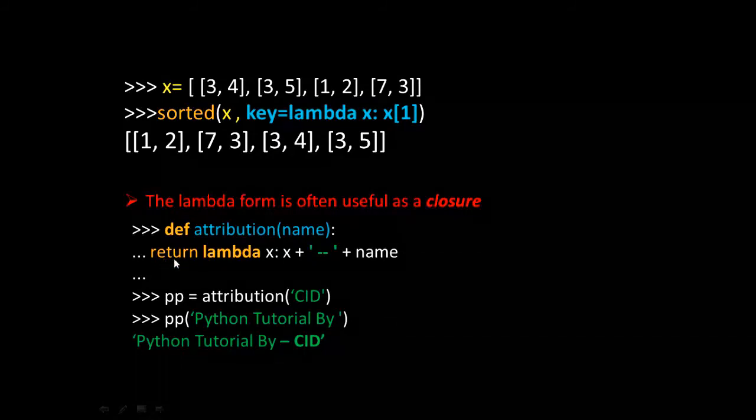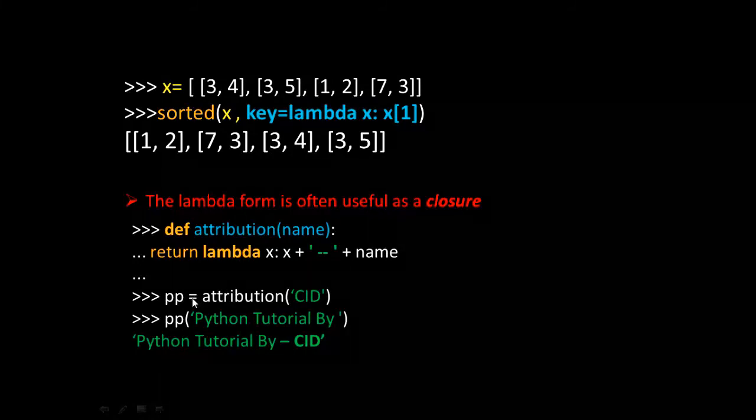Now it will return a lambda expression which gets an argument called x, and then it will return x plus dash dash plus name. That means I am concatenating the argument of our main method, attribution, with x, which will be accepted by the lambda.